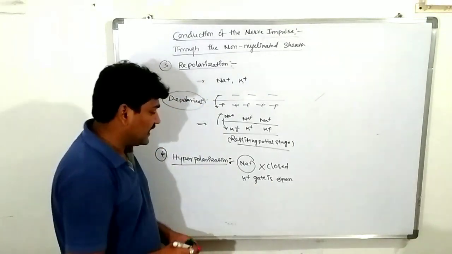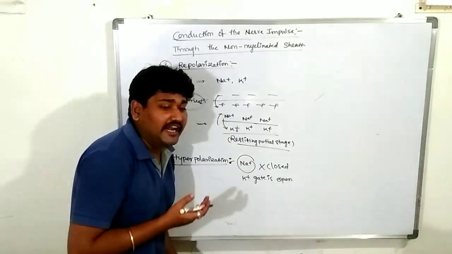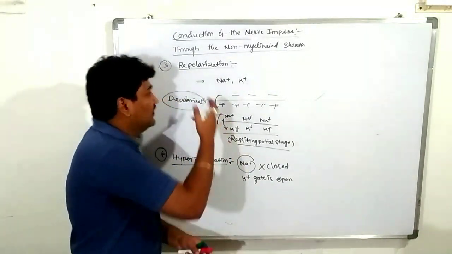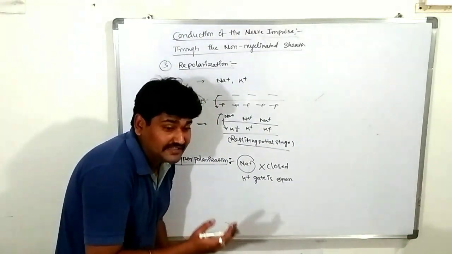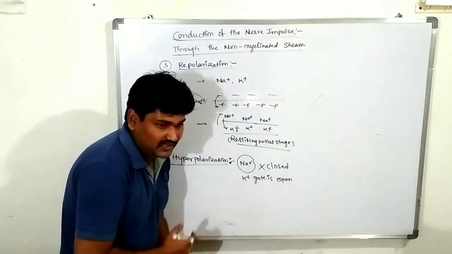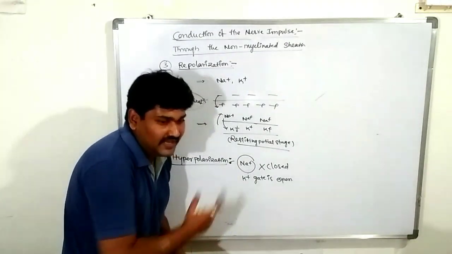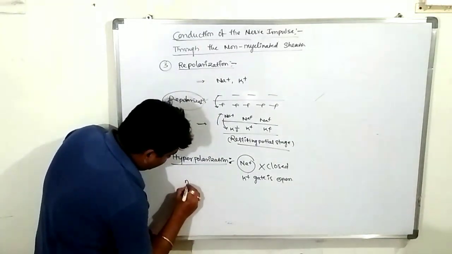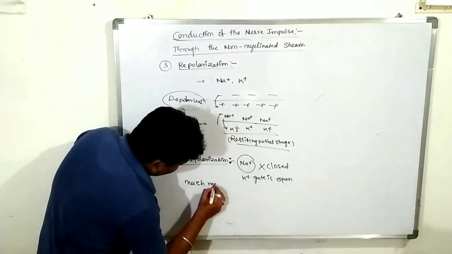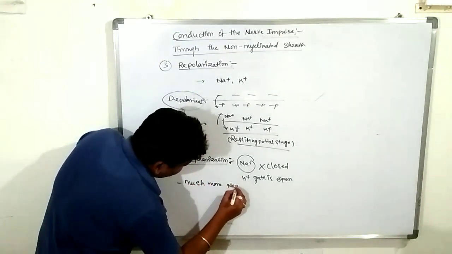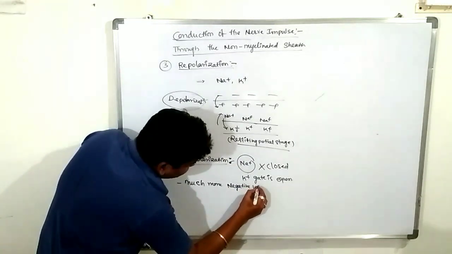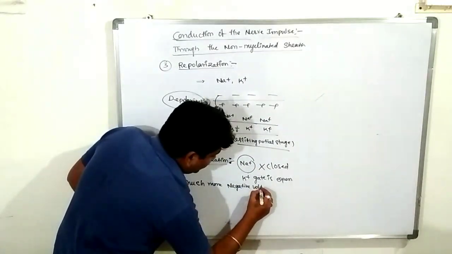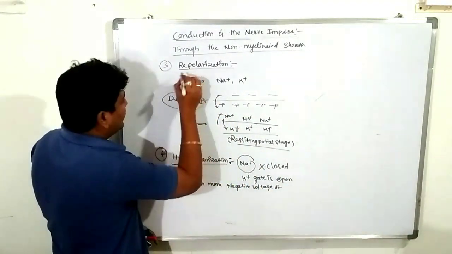What is the hyperpolarization? Nothing but a much more negative voltage of the repolarization. Much more negative voltage of the repolarization is called hyperpolarization. Listen carefully: much more negative voltage, not negative ions, negative voltage of repolarization.